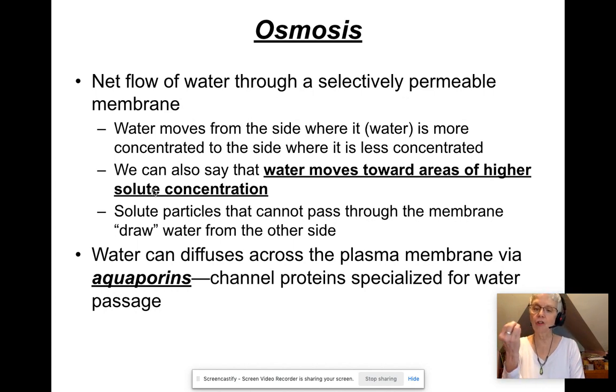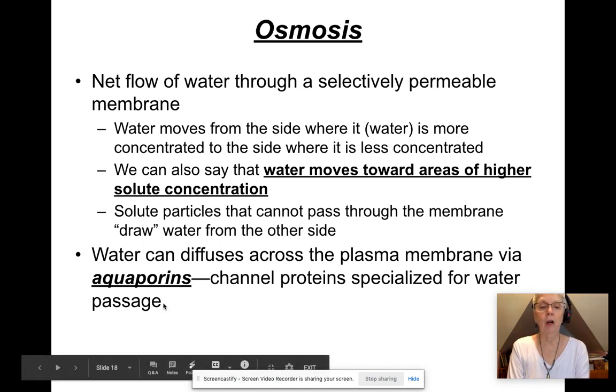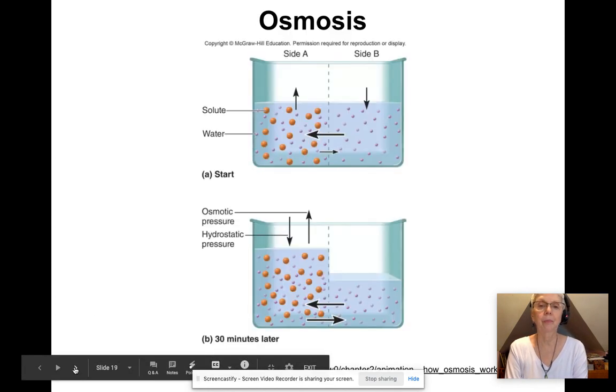Now, solutes are solid particles, okay? Solutes are things that we're trying to dissolve. So it can move from an area of low solute concentration to an area of high solute concentration. So water uses very specific channels called aquaporins.